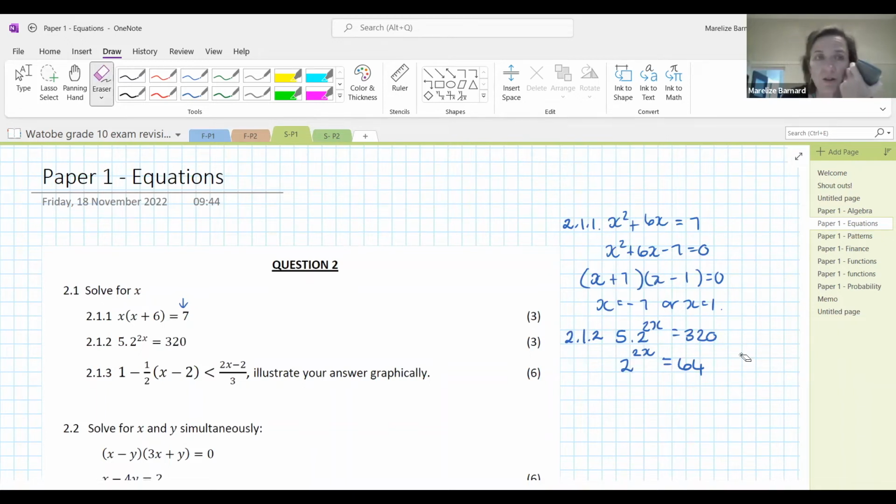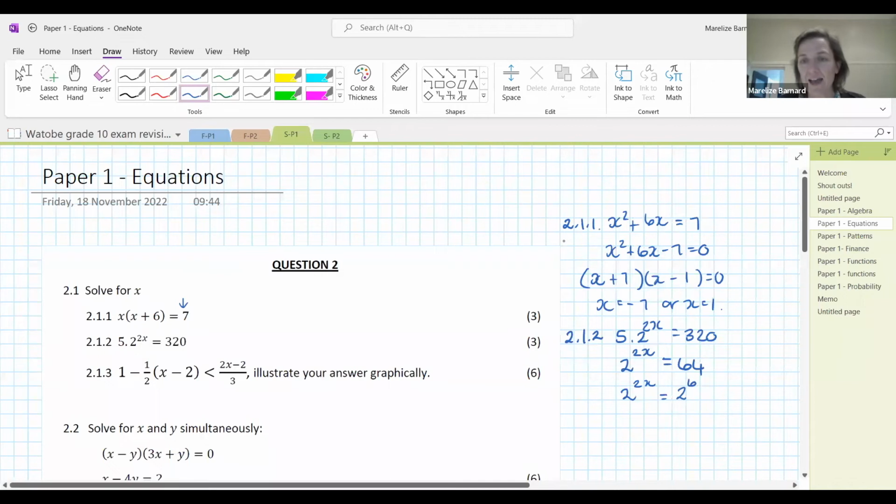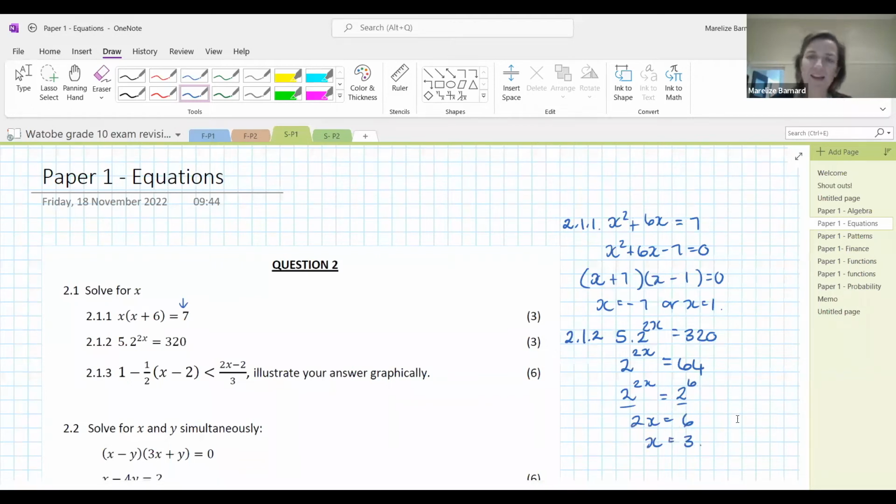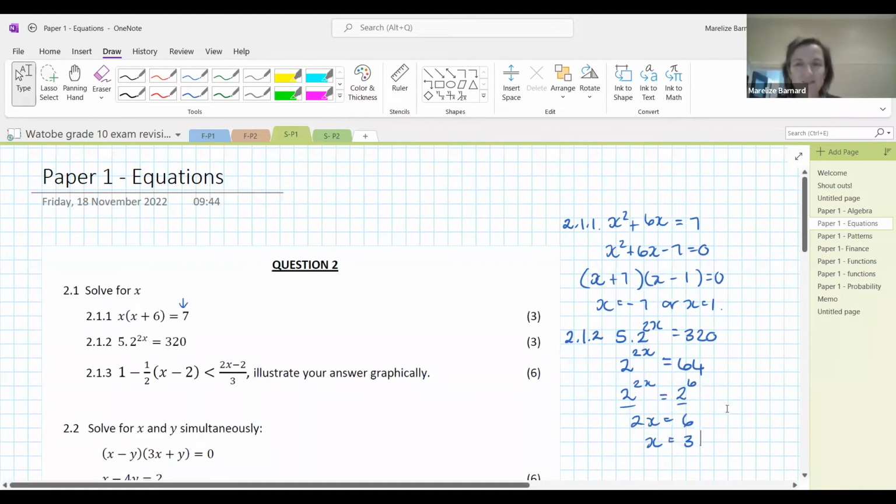So we're going to make this 2 to the power of what? Power of 6. No problem. And now that the bases are the same, we can say 2x is equal to 6 and x is equal to 3. Yay.